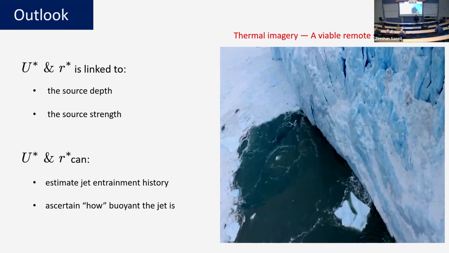Essentially, with thermal imagery, as long as the temperature is the same, it really can't distinguish the difference. It does not rely on the different density, but on the different temperature. So even if the bubble is at the same temperature as the water, it won't pick it up. So that is one of the limitations.